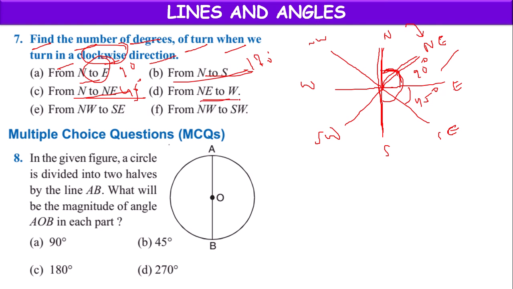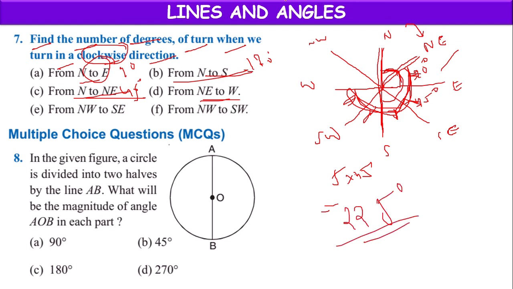And northeast to west: one part, 2 parts, 3 parts, 4 parts, 5 parts, 5 into 45, 5 fives are 25, 5 fours are 20, 225 degrees.